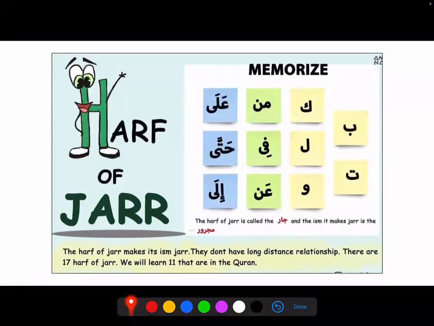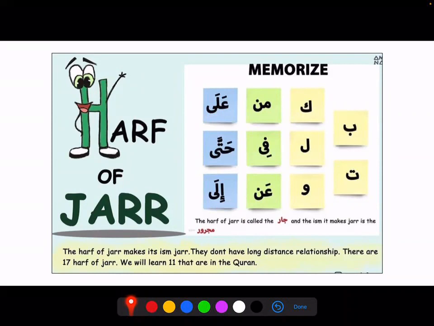Ba, ta, ka, lam, waw, min, fi, an, ala, hatta, ila. We need to show the difference between ala, which is ain, and ila. Do not mix them or confuse these two sounds. This is ala and this is ila.